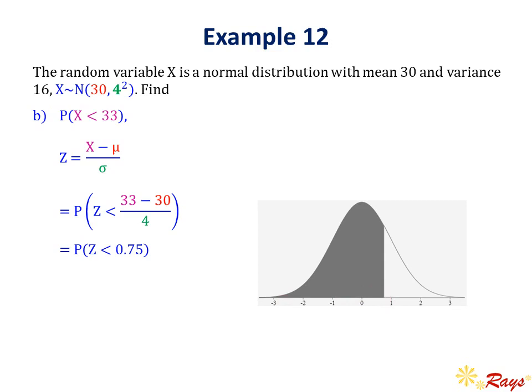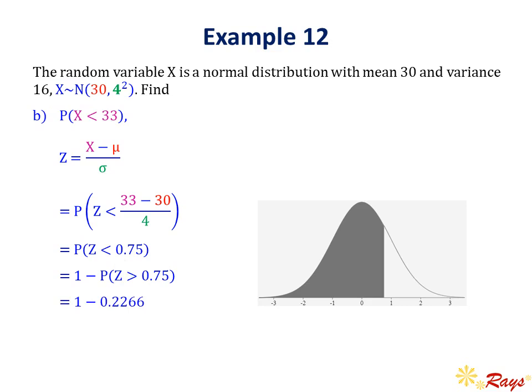So therefore, the area has crossed over to the right tail area. So to do this, we have to take the probability of the whole bell curve minus the probability of this small area here. So that's 1 minus the probability of Z greater than 0.75.